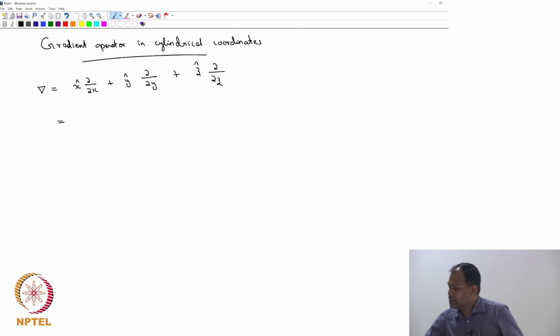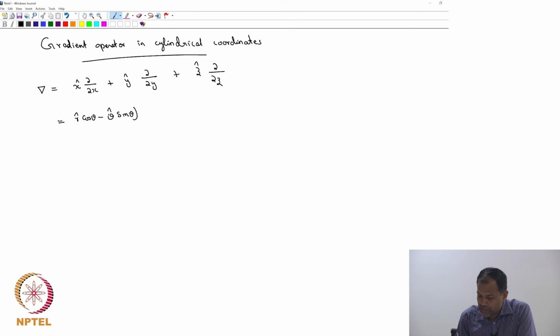So, x cap we have derived as r cap cos theta minus theta cap sin theta into del by del x of something. Okay. So, there you need to now convert them into del by del r and del by del theta and so on. So, what can you use? Chain rule. So, let us use that.